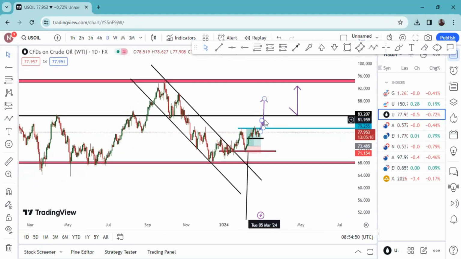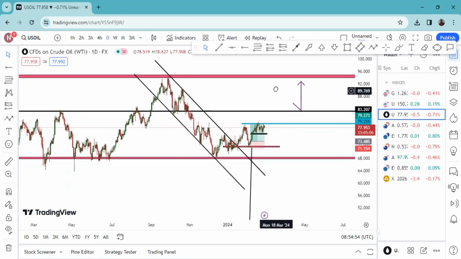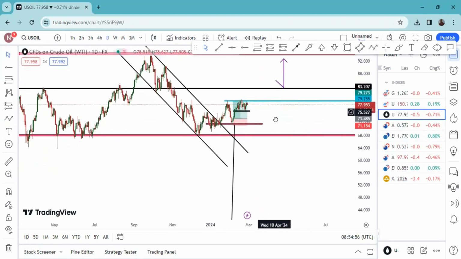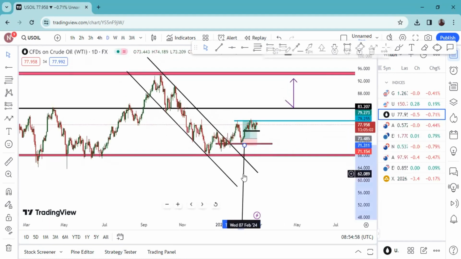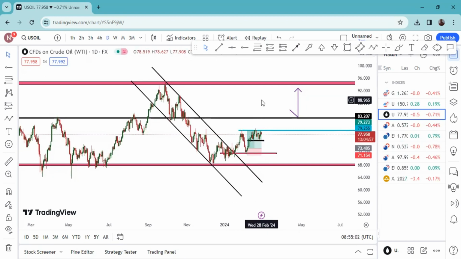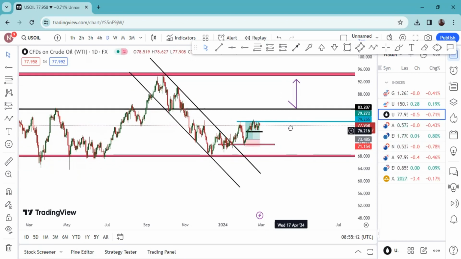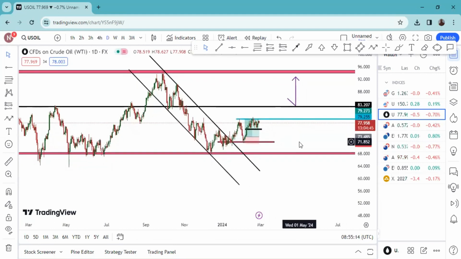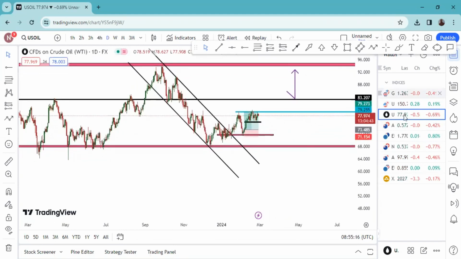So that's what I was hoping for on US oil. For now, I'm not in this trade, but I am waiting for the market to break this resistance first. If the market breaks this resistance, then I will continue with my bias on buying US oil.